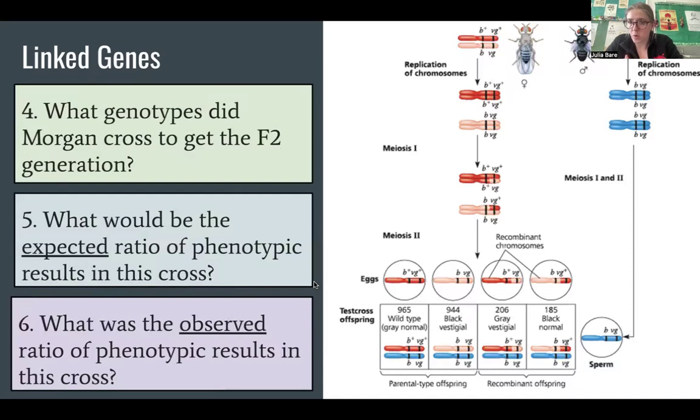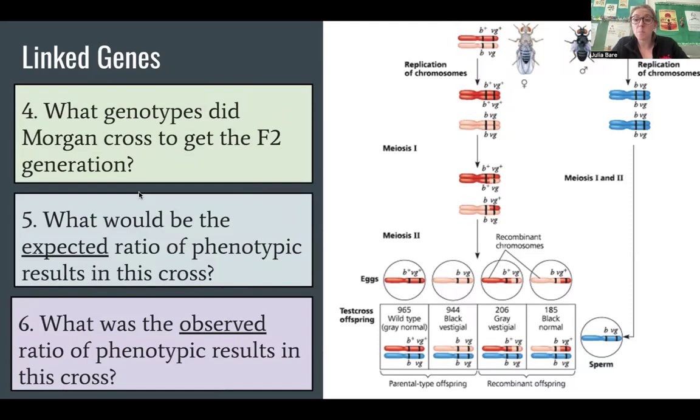So here's another set of questions. Again, we are going through Thomas Hunt Morgan's experiment to try to decipher what it was that he did and what he discovered by following fruit fly generations. So your next set of questions: what genotypes did Morgan cross to get the F2 generation?